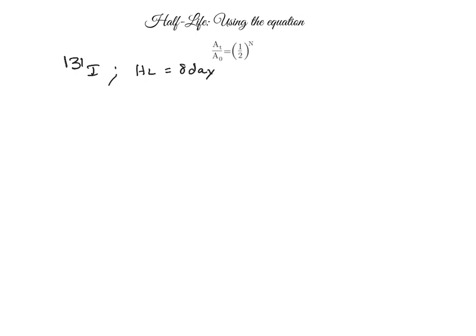So plugging into the equation, I might remember that n is defined as the time divided by HL, which I'm using as half-life. So let's say one half-life, that'll be 8 days.